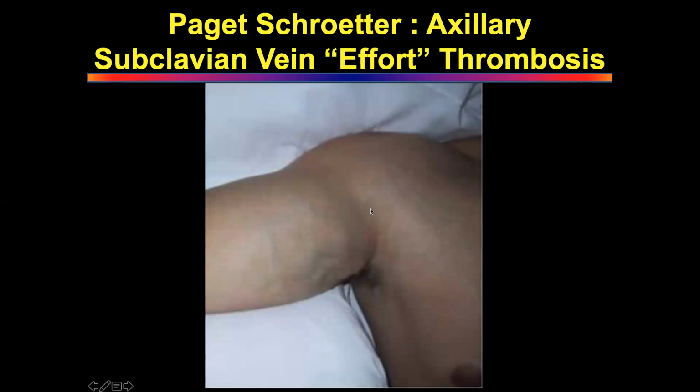And then we spoke about dilated veins on the skin. This is called Paget-Schroetter's syndrome. This is an MCQ, by the way. Axillary vein. How do you see that? When do you see this dilatation? Classically?